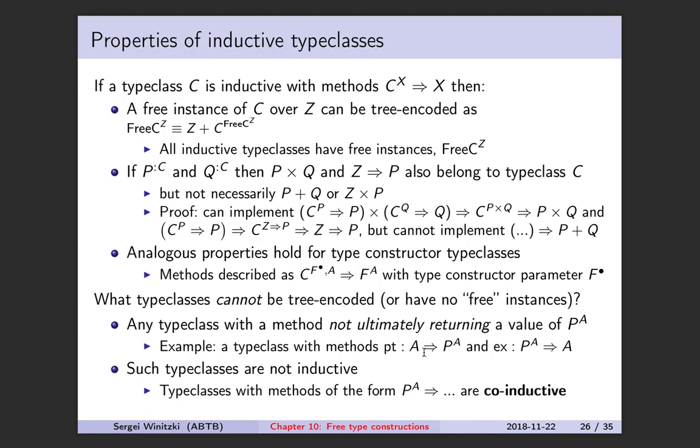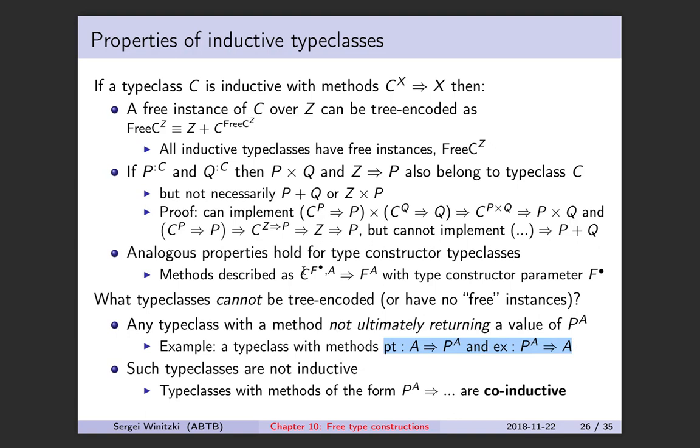So here's an example. Imagine a type class for a type constructor PA, and it has two methods: point, which inserts a value of A into PA, and extract, which extracts a value of A out of PA. Now, this would be of this form, because it returns the type constructor, but this is not. It returns just a bare type A. And so this type class that has both of these methods is not inductive.